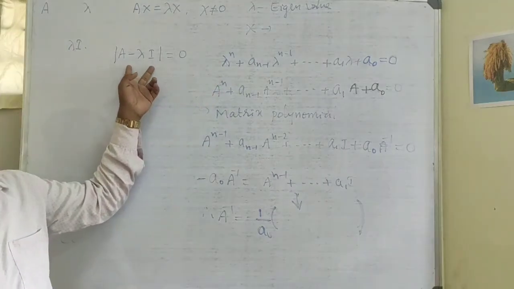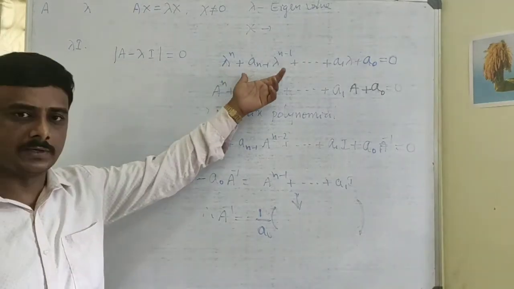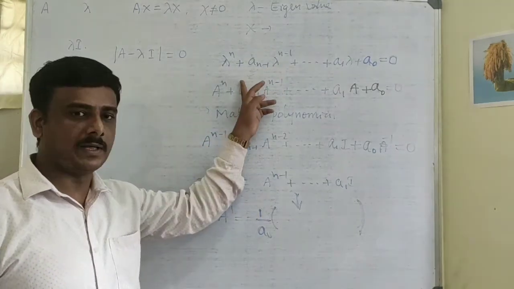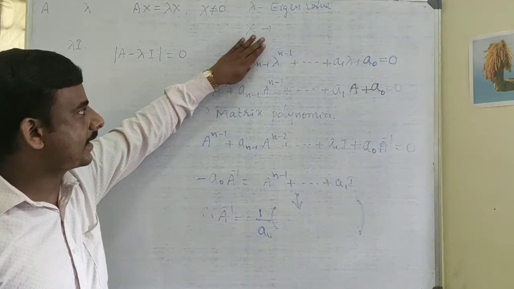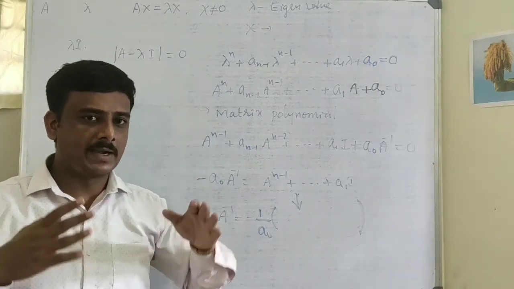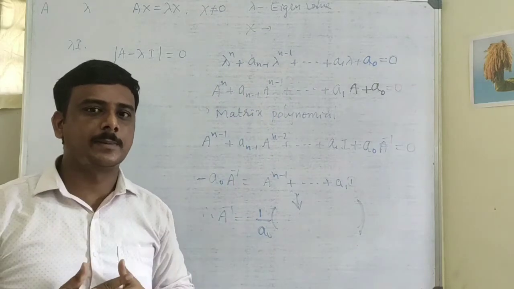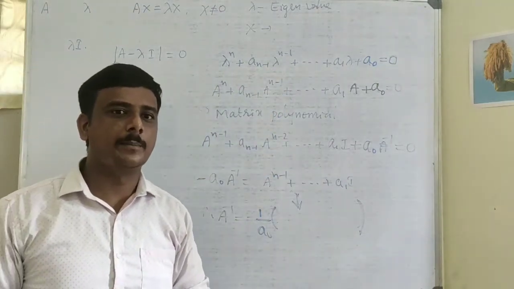If you expand the determinant of A minus lambda I equal to 0, whatever you are going to get, that is a polynomial in lambda, that is called a characteristic polynomial. So every characteristic polynomial is an example of a matrix polynomial. Matrix polynomial is any polynomial in which the variable is capital A, and characteristic polynomial is one example of a matrix polynomial.